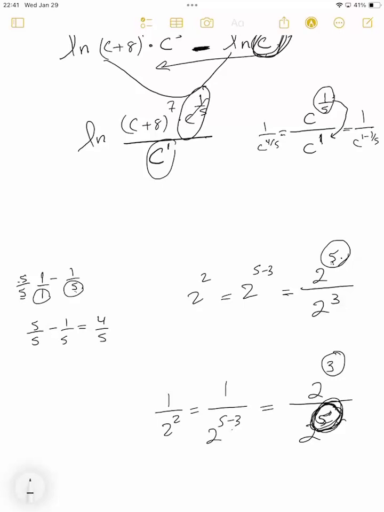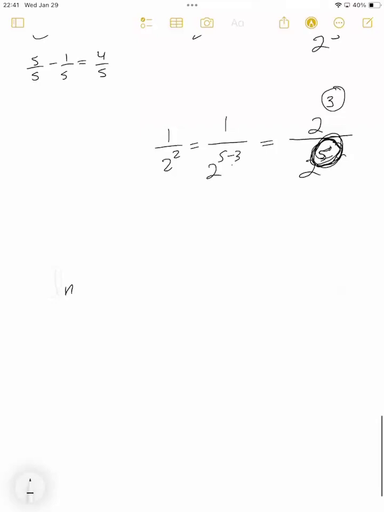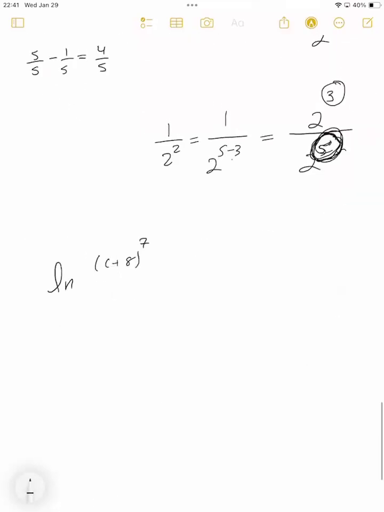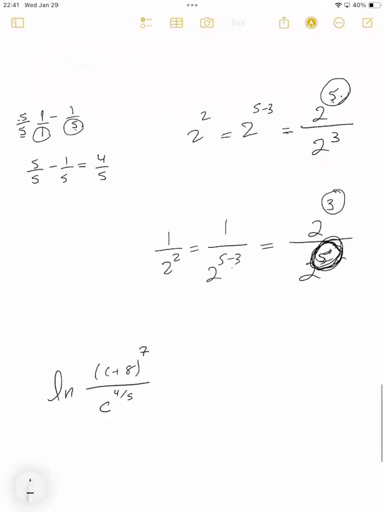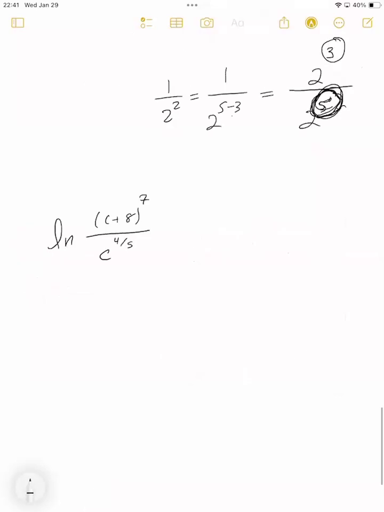So these two will be reduced, and we will get ln of c plus 8 to the power 7 divided by c to the power 4/5. So you have a c to the 1 and c to the 1/5. Subtract that exponent from that exponent, and you get 4/5.